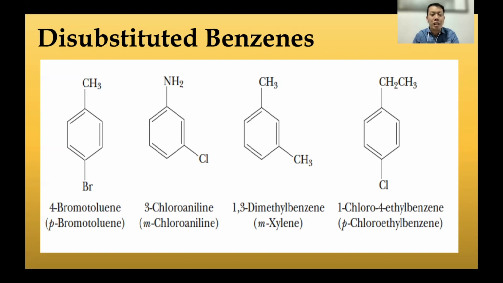chloroaniline, 4-chloroaniline, or another is 1,3-dimethylbenzene or m-xylene, and 1-chloro-4-ethylbenzene, p-chloroethylbenzene. So again, do not be confused because we're talking about a mix of the common name and as well as of the IUPAC system.